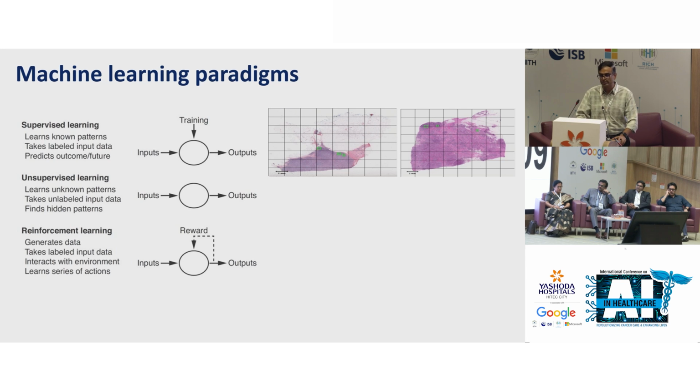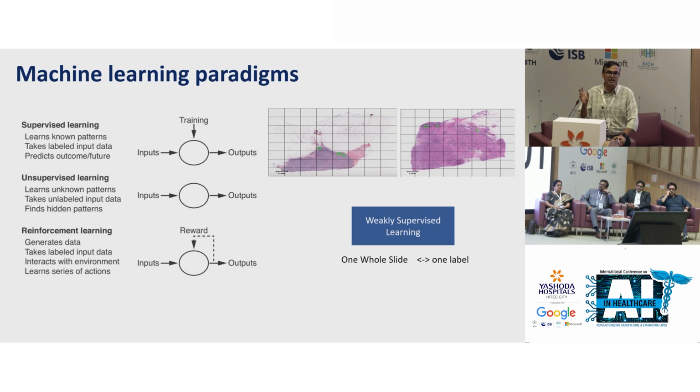What we are trying to use is a weakly supervised approach. The technical details are not important here. What we have is the information of the slide, whether it's tumor or not, whereas where exactly the tumor is localized within the slide, that information is not here. So we are using only a label which says the slide is tumor or not.